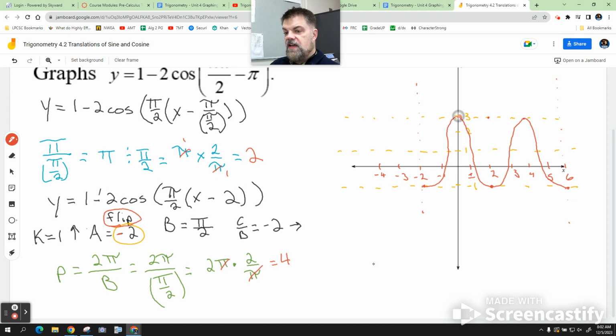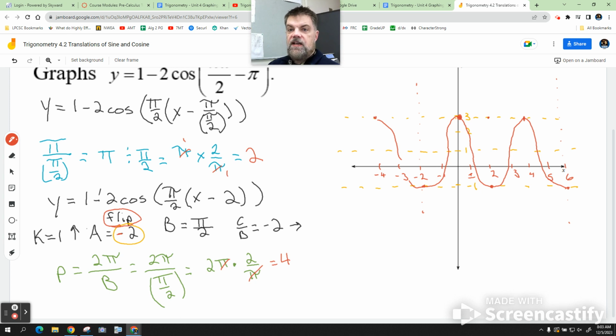And I can verify that too, because if it's a period of 4, to go from here to here should be 4 units. So my next little peak would be over here at negative 4, because it's 4 units away from 0. So I could, if I wanted to, go one more little. That's not perfect. Ugh, that's horrible, actually. So let's do this just a little bit better. And so when I graph that, that's what it should look like, right?